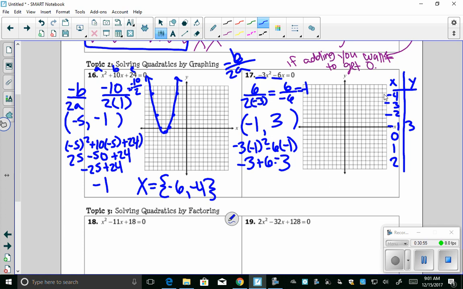And once you plug them in, you should get negative 4, negative 24. Negative 3, negative 9. Negative 2, 0. Negative 1, 3. 0, 0. 1, negative 9. 2, negative 24. So once you draw your table, you then can graph.